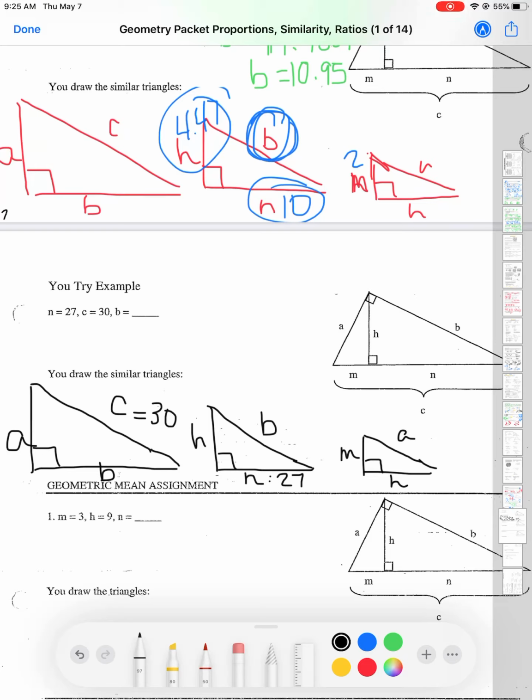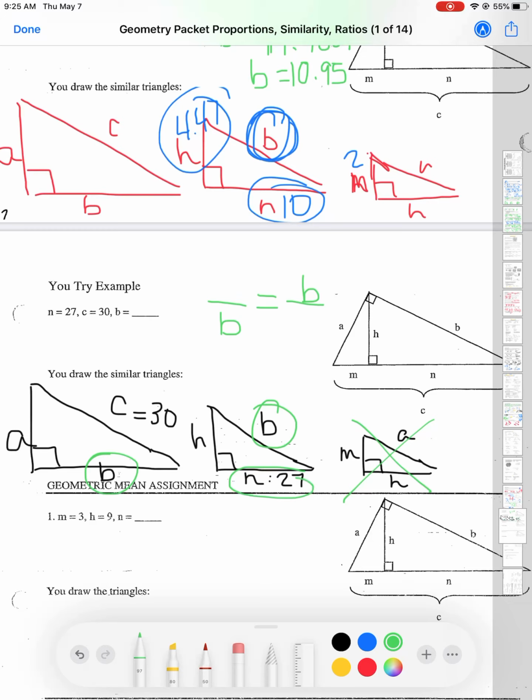So notice we need B. Also notice we have nothing in the small triangle, so we won't really be using the small triangle. We need B, which is in these two triangles, so it's pretty obvious that B is going to be diagonal from each other.